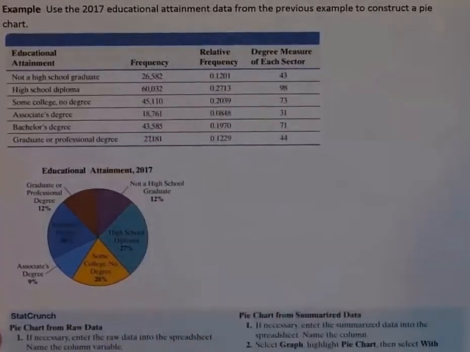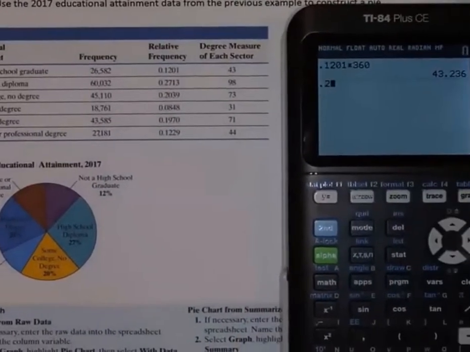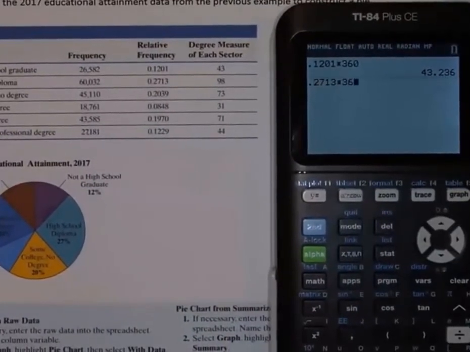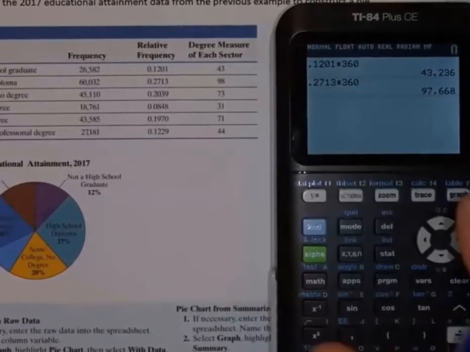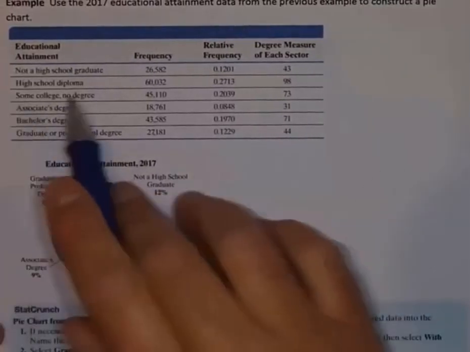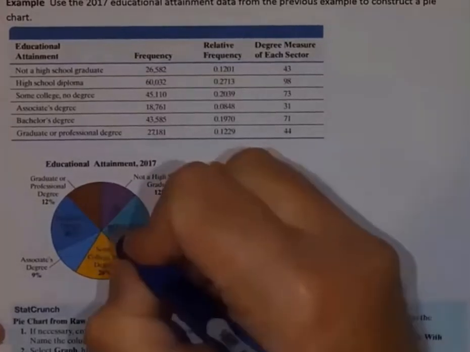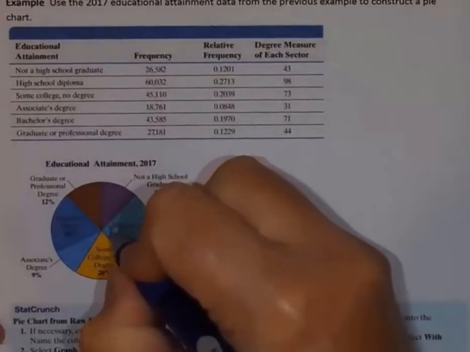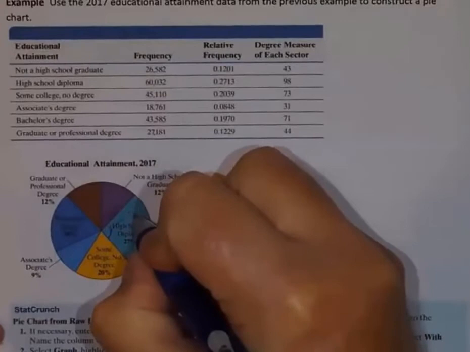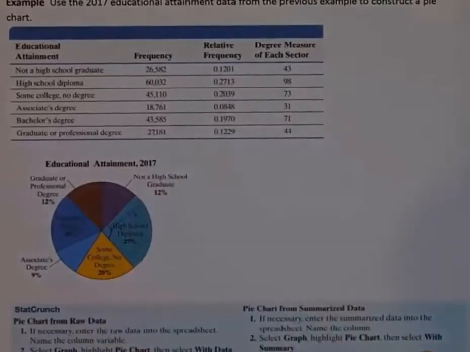And then if I take 0.2713 times 360, that is almost 98 degrees. So for a high school diploma, that is about a 98-degree angle that's drawn right there.